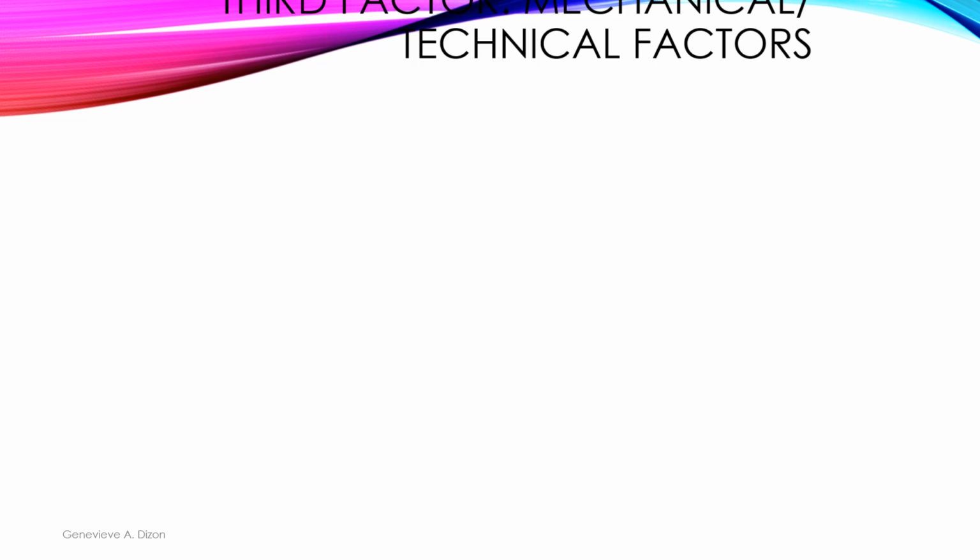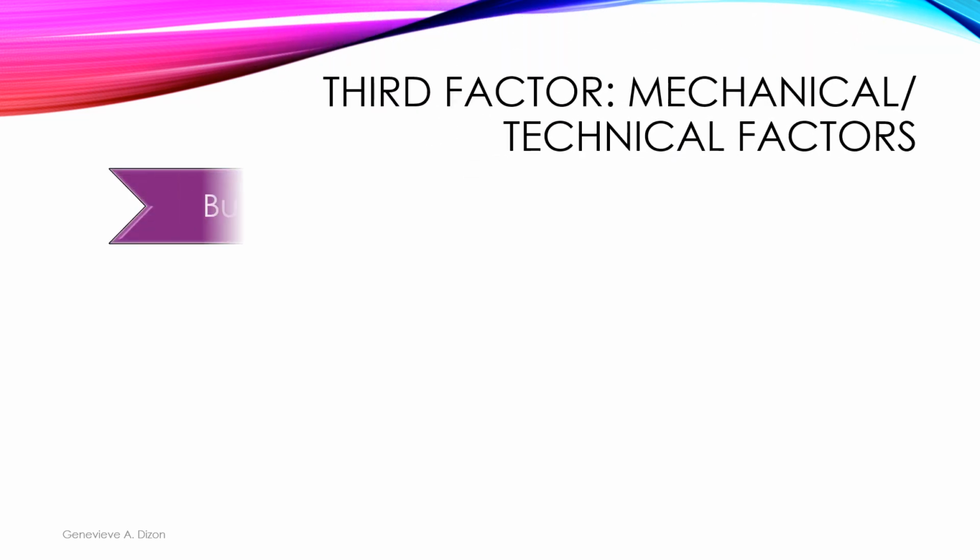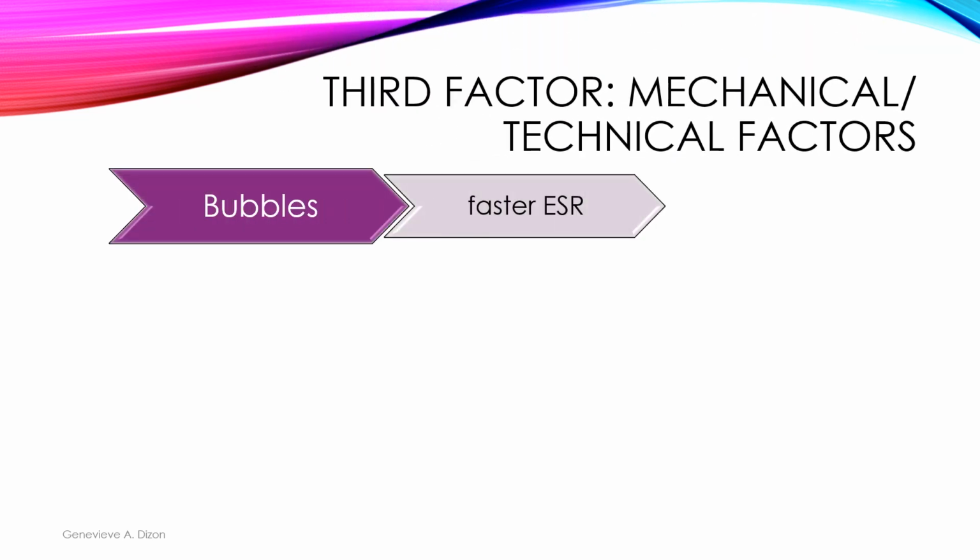Other mechanical and technical factors are as follows. First is bubbles. The presence of bubbles would give a faster ESR because the bubbles present in the tube used for ESR, which come from maybe extraction or the pipetting, can take the place of the red blood cells that should be in that tube, therefore making a lesser concentration of red blood cells.